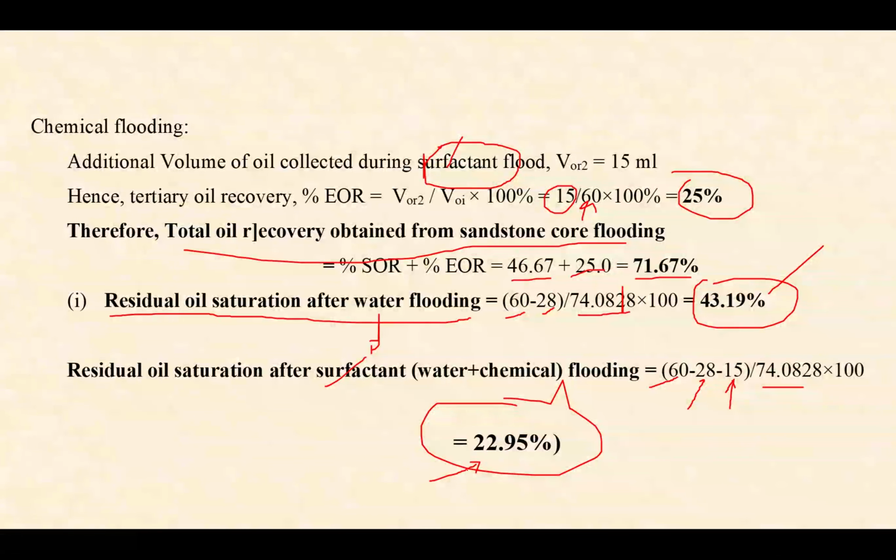The additional recovery you are getting is by improvement of the sweep efficiency, and then if you use the surfactant, the recovery that you are getting is basically improvement of the displacement efficiency.